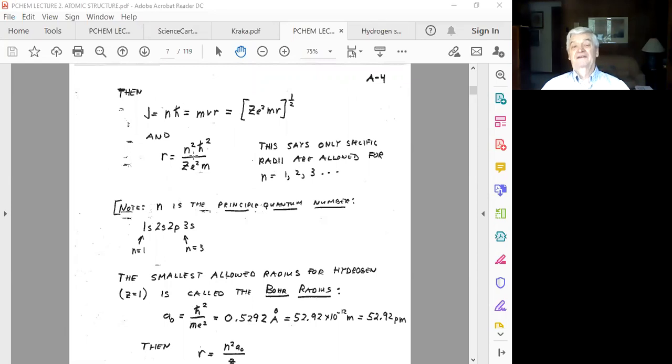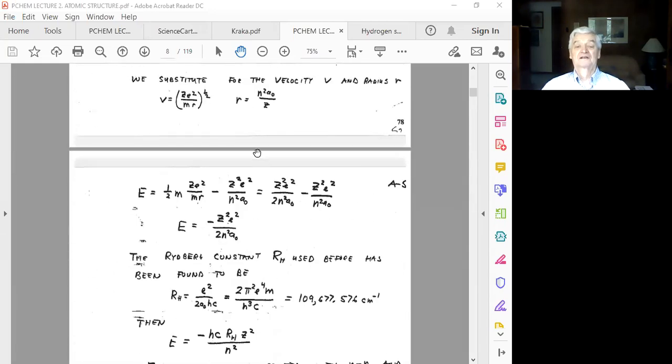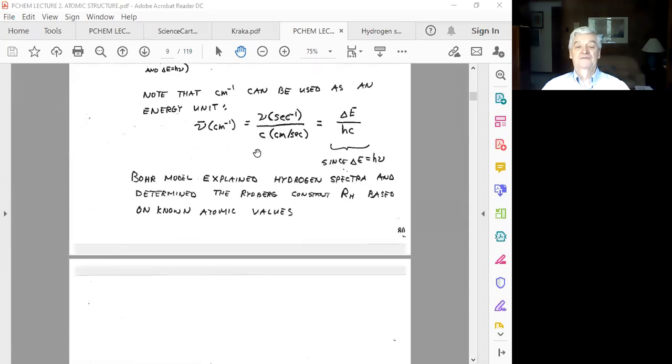So if you go to n equal to 2, it should be 4 times farther away than n equal to 1. If you go to n equal to 3, it should be 9 times further away. And we're going to see, once we look at how Schrodinger treats this problem, that things are going to follow that kind of trend quite closely.